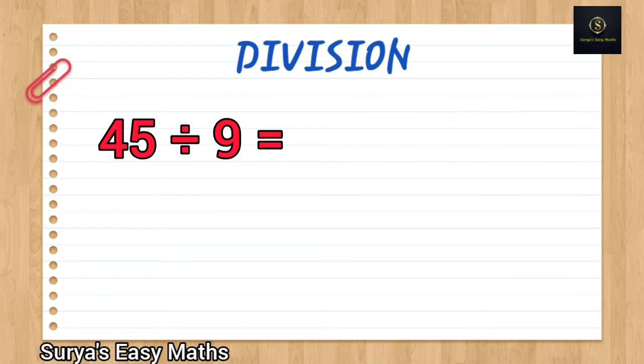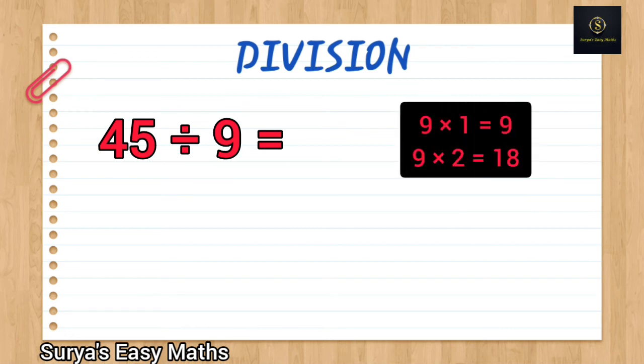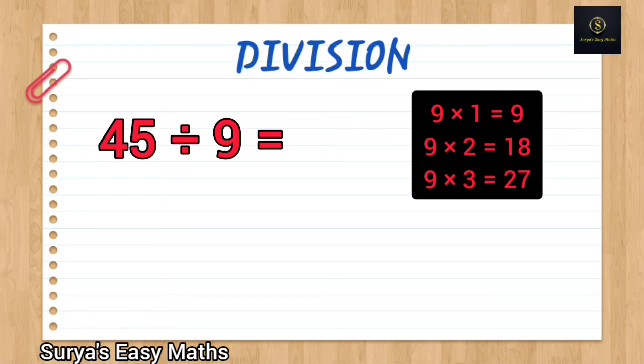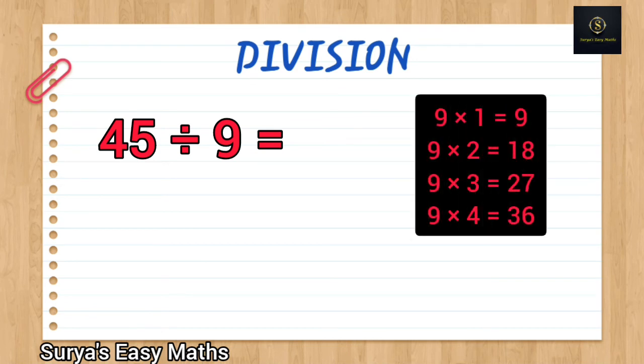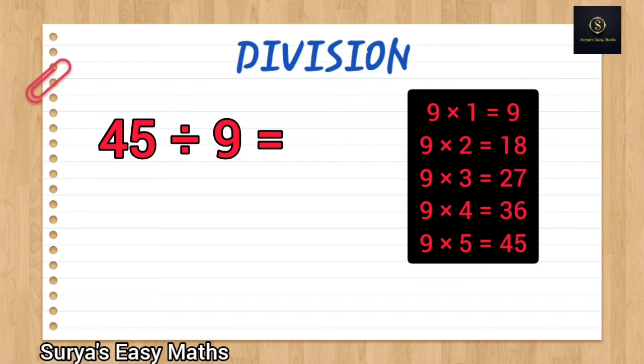So let's recall the table of 9. 9 ones are 9, 9 twos are 18, 9 threes are 27, 9 fours are 36, and 9 fives are 45. So when does 45 come in the table of 9? At 5 times. So 45 divided by 9 is equal to 5. So here we write 5 as the quotient.